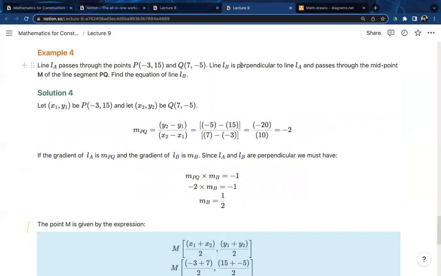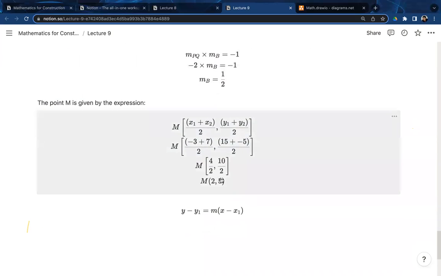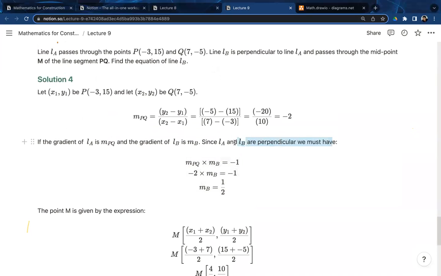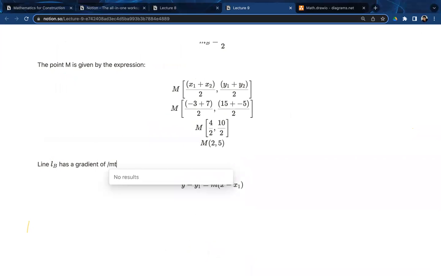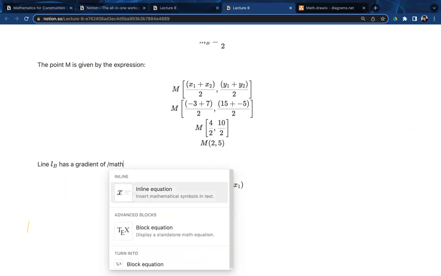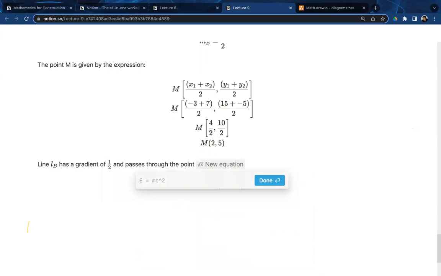So LB, which is perpendicular, we know the gradient of LB is a half, and we know the point it passes through, M. So I could say that line LB has a gradient of a half and passes through the point M (2, 5).